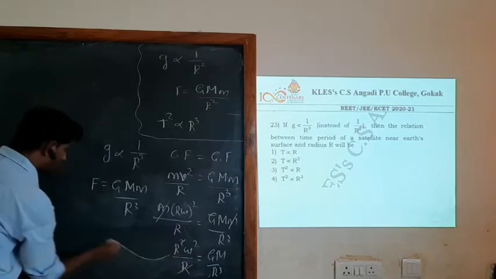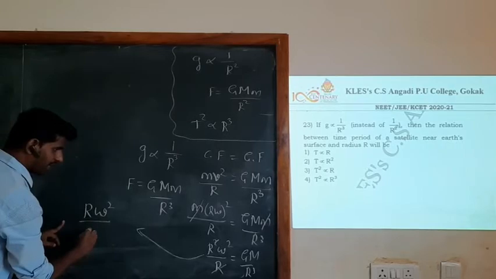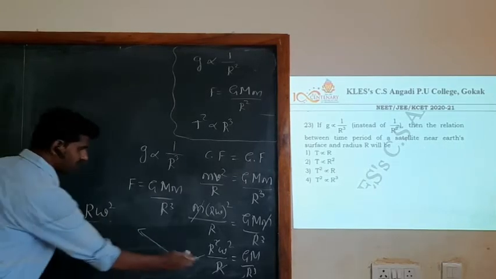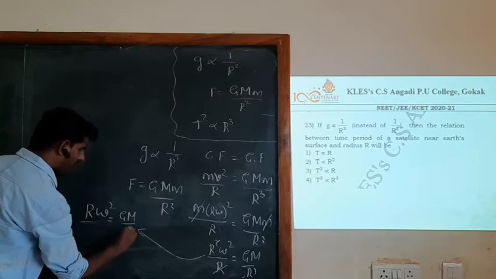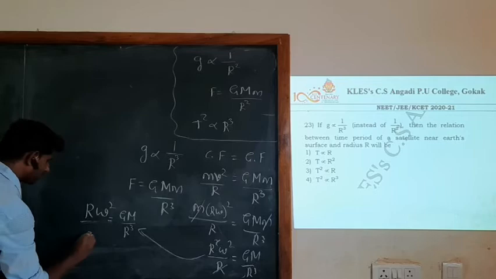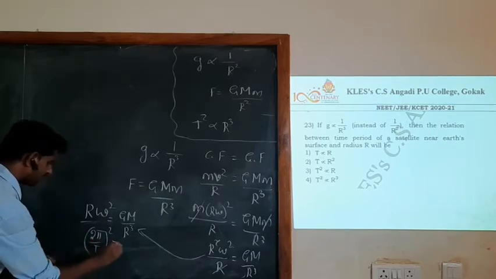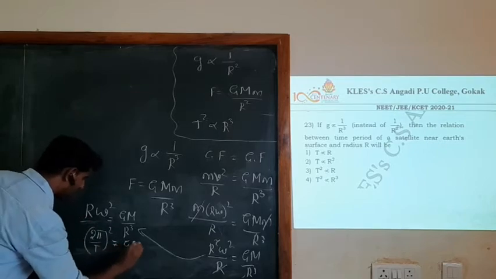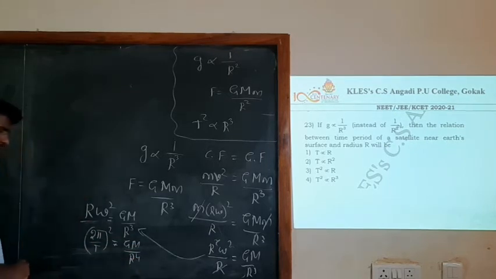It is simply r and omega square, so r cancelled on the left, and here this is GM divided by r cube. Instead of omega square, I write 2 pi by T whole square, and I take this r this side. This is GM divided by r cube, and one more r, so this becomes r to the power 4.